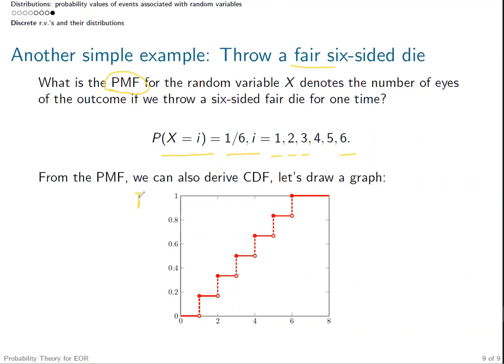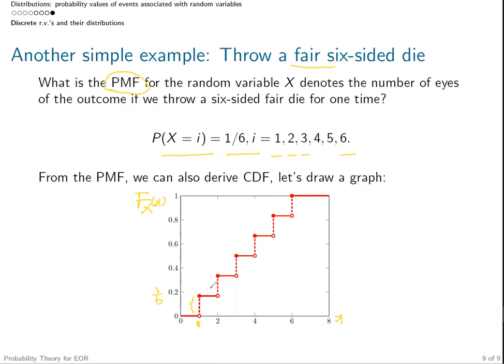This is the graph of FX, and the horizontal line is the value taken by small x, and here is FX. Apparently, we can see it's an increasing function, right, from 0 until 1. Here is the point where small x equals 1, and we observe a jump in the value of this function from 0 to 1/6.